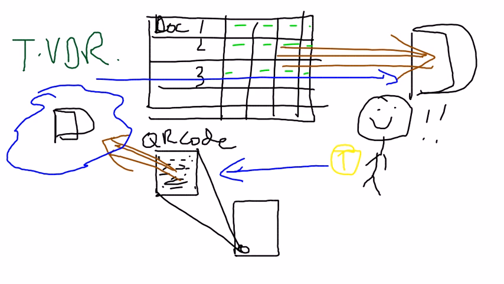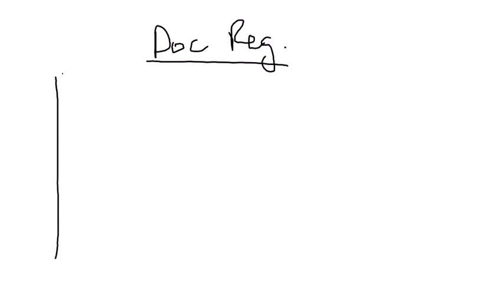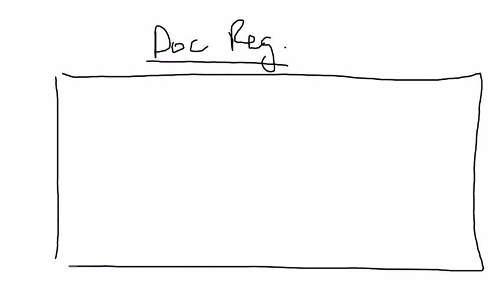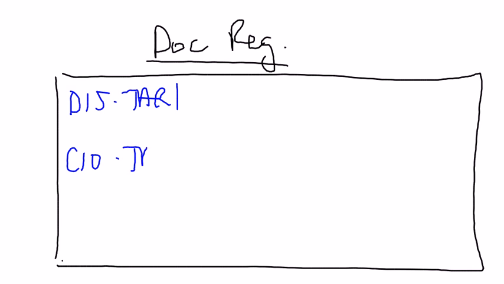Lastly, we go through a process of, through the document register, keeping track of all of the documents. So we had, let's see, it was D15, tag 1, and C10, tag 16.